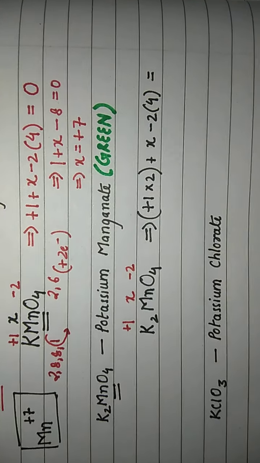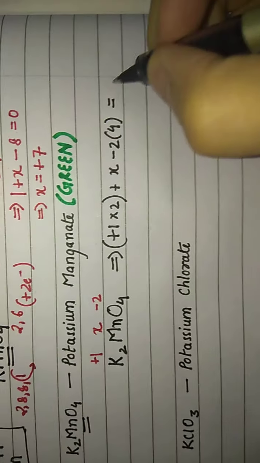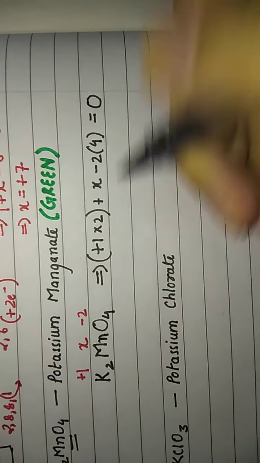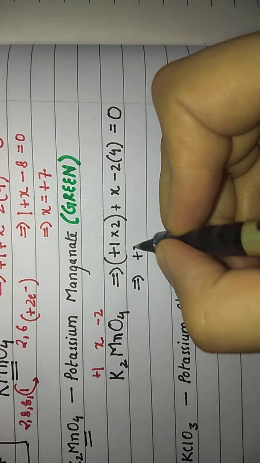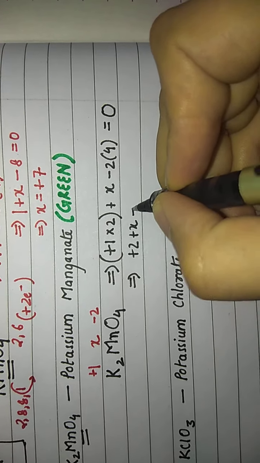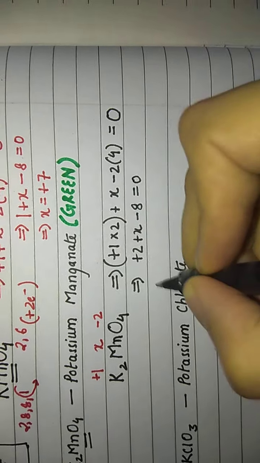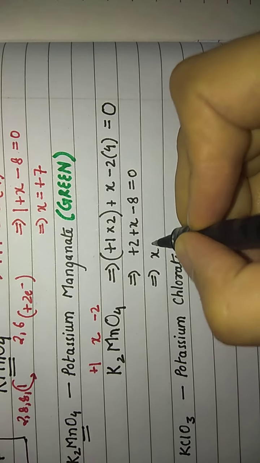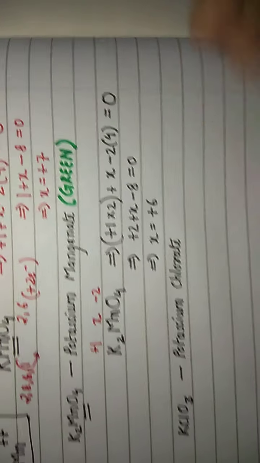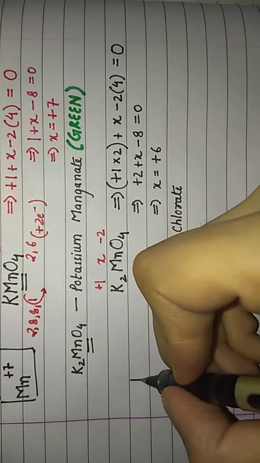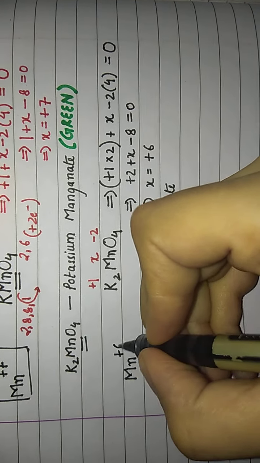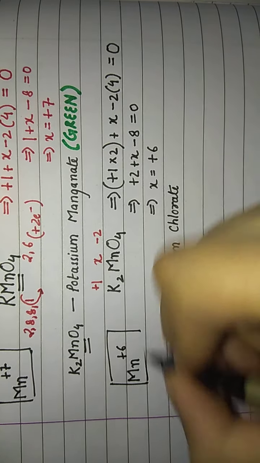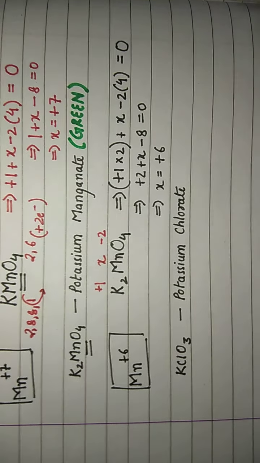There is no net charge present on this compound, so it will be equated to 0. Now +1 into 2 becomes +2, plus x minus 8 is equal to 0. So x comes out to be equal to +6. So manganese in this molecule of potassium manganate exhibits an oxidation state of +6.